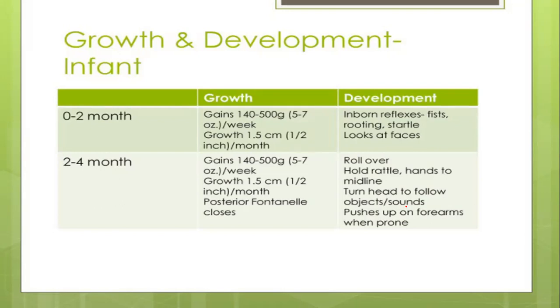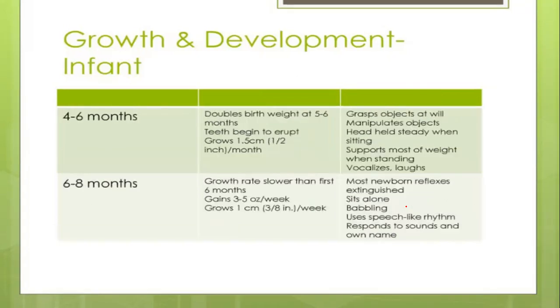And when we're talking about growth, gains 1.5 centimeters per month. And when we are referring to development, turns his or her head and follows objects and sounds, pushes up on forearms when prone, like you know what prone position is.